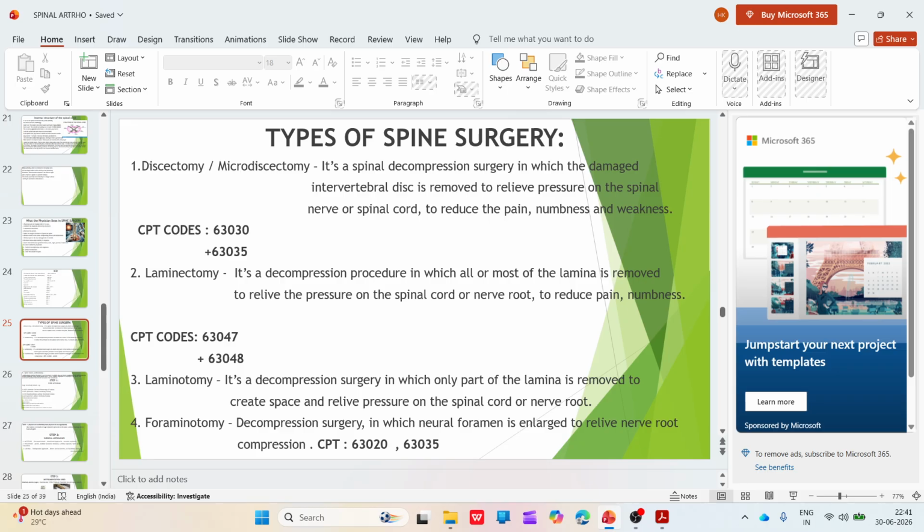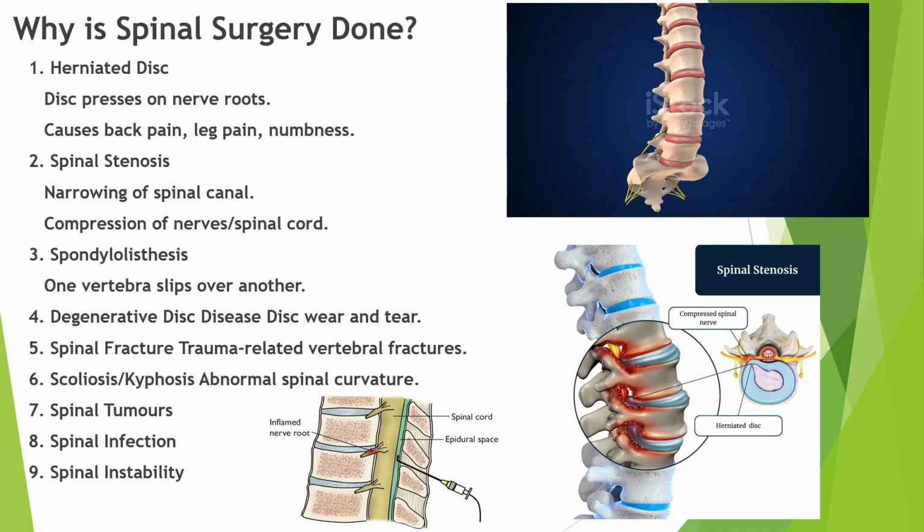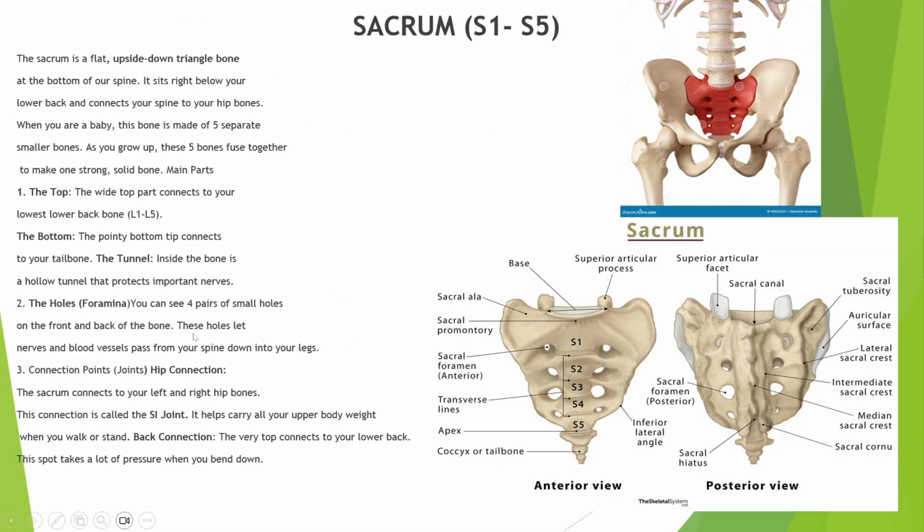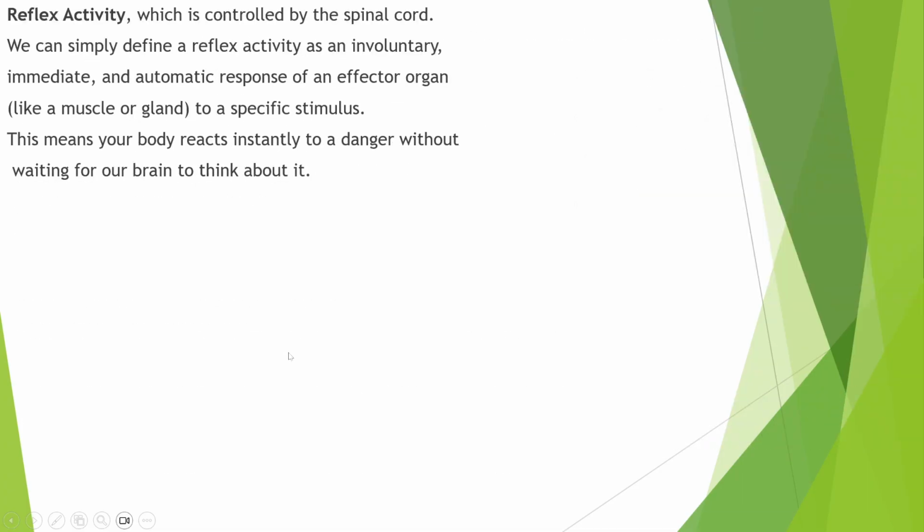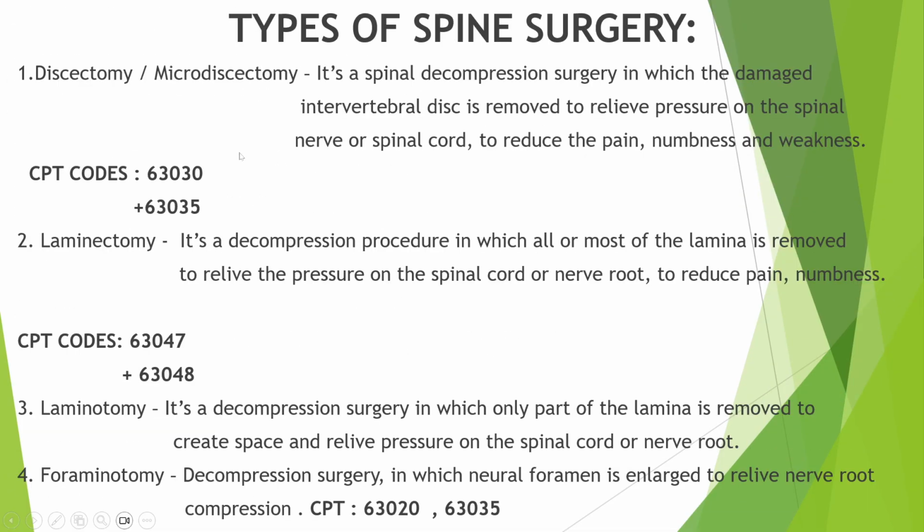Okay, so in this procedure, what will the physician do? In discectomy or microdiscectomy, the physician will make a small incision and may perform a small laminotomy to reach the disc, identify the compressed nerve root, and remove the disc fragments.